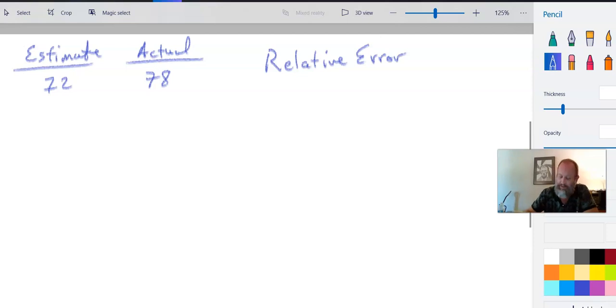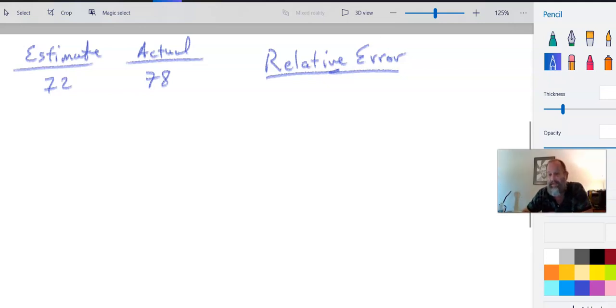Now, in math, whenever you say things like relative, we're usually talking about some kind of comparison by division, right? Once you get into statistics especially, you'll be talking about things like relative frequency. Basically, what that's doing is taking an amount and comparing it with the whole body you're measuring by division.